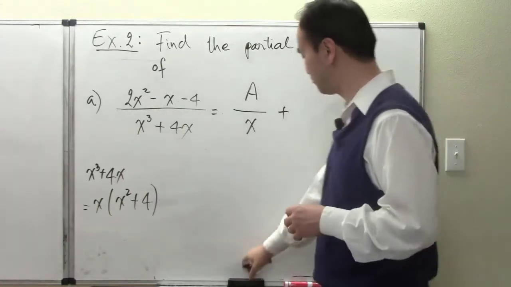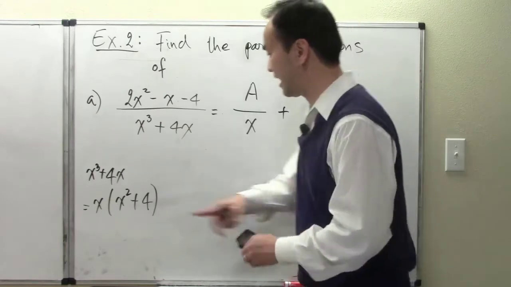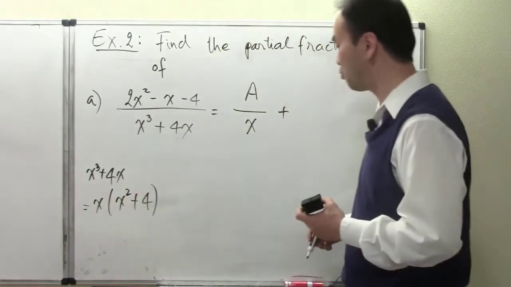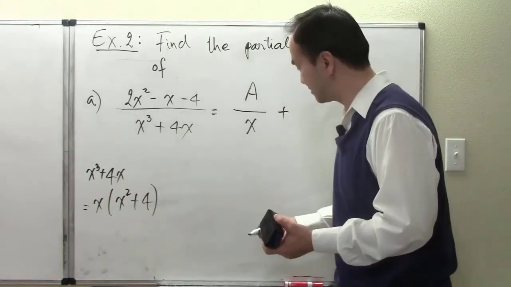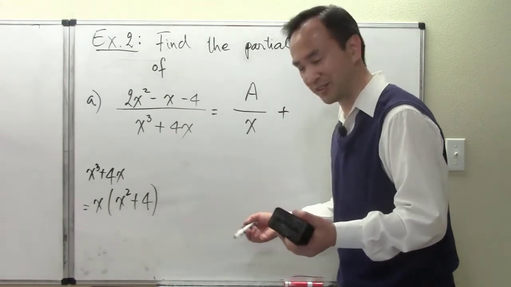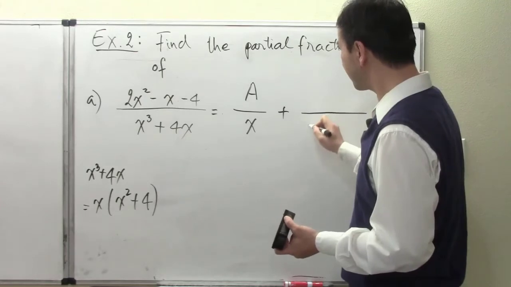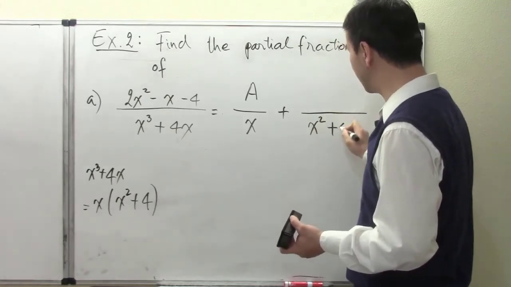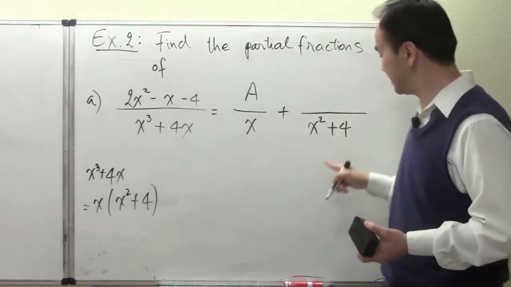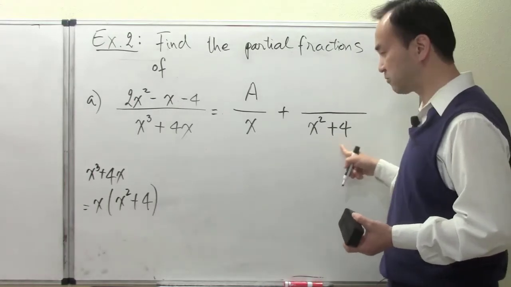But that's not what we need here, because our factor only appears once. Now it's time to move on to the irreducible factor in our factor product, x squared plus 4.